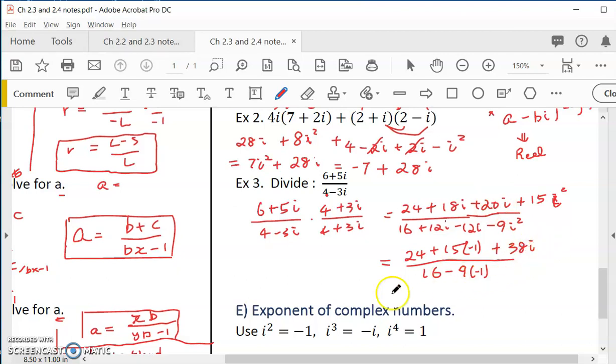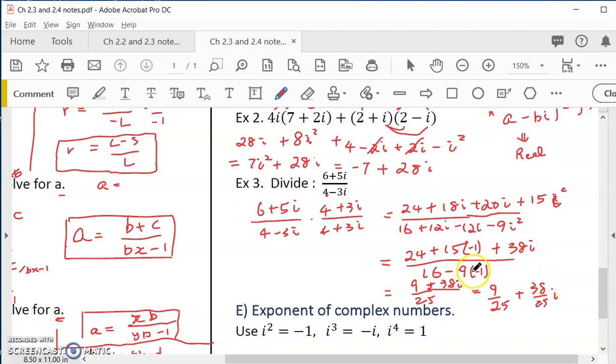So I only have i in the top, but no i in the denominator. 16 plus 9 is 25. And then the top would be 24 minus 15 is 9 plus 38i. I can split it into two parts, so I have a real part of 9 over 25. And then I have an imaginary part of 38 over 25i.